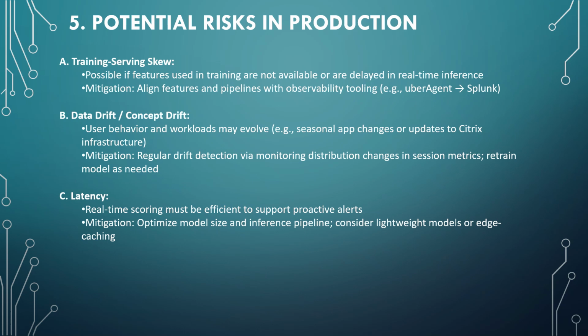Another risk is data or concept drift. User behavior and applications change, especially with seasonal patterns or software updates. Not always do we have the same users or the same number of users, so that is going to give us a bit of a deviation in the numbers for resource utilization per server.